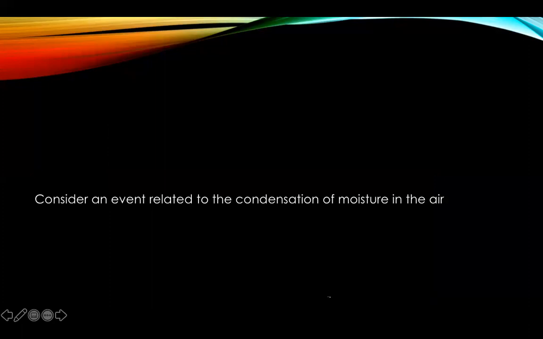All right. Now, consider an event related to the condensation of moisture in the air. I told you when I was explaining this that condensation is actually a scientific process in which gas is converted into liquid.